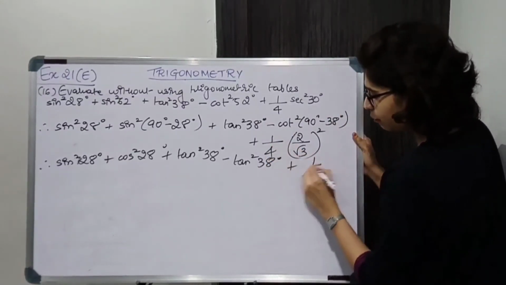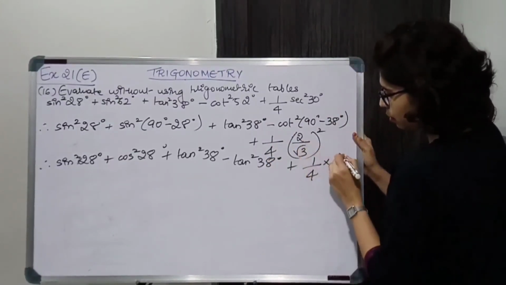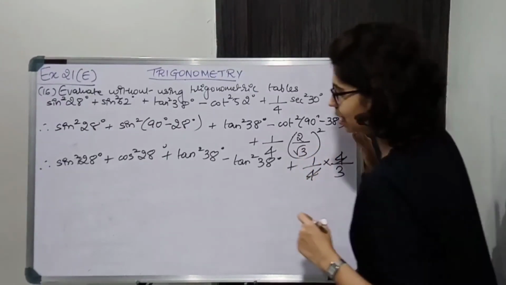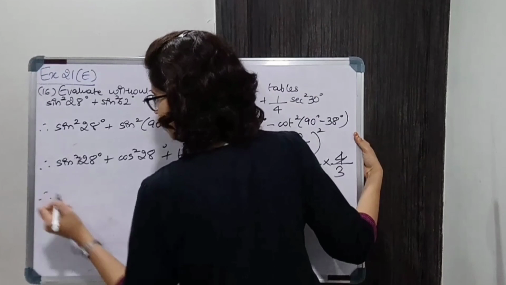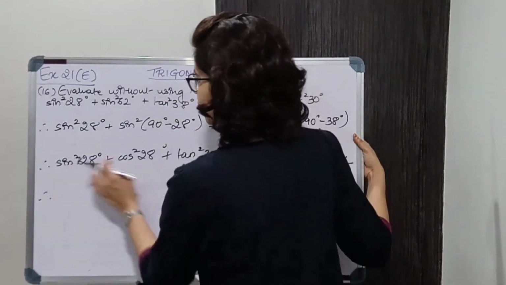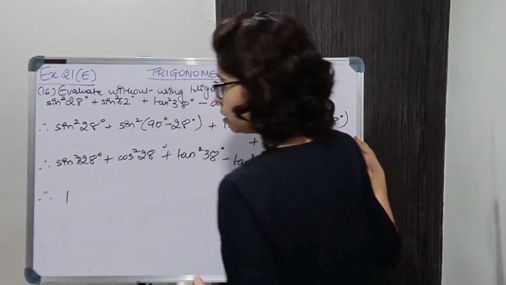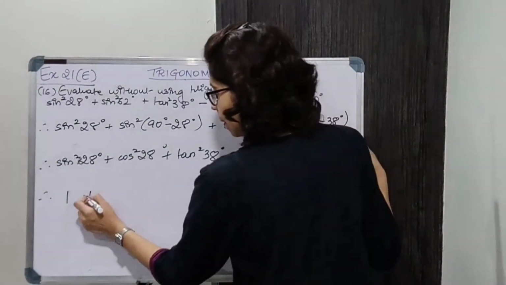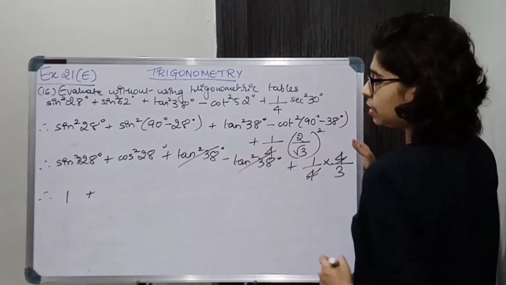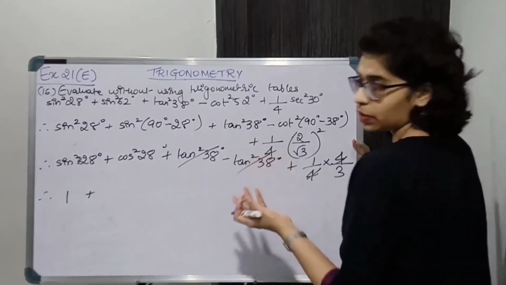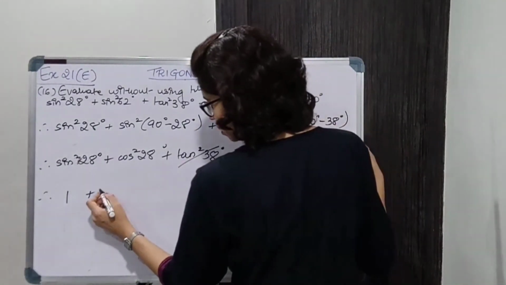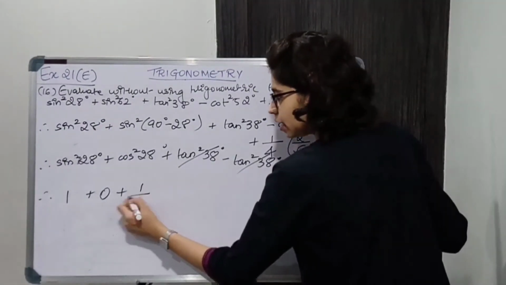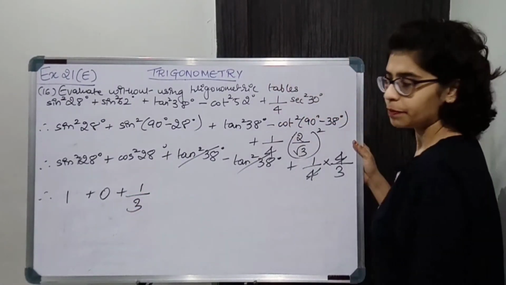Plus 1 by 4. 2 square gives 4, root 3 square is 3, 4 gets cancelled. Now sin square theta plus cos square theta is equal to 1. You have to give reason for this step. Plus tan square theta minus tan square 38 will get cancelled. We are left with 1 upon 3.